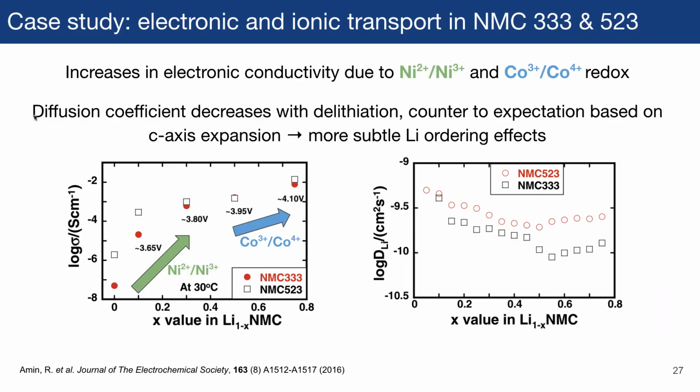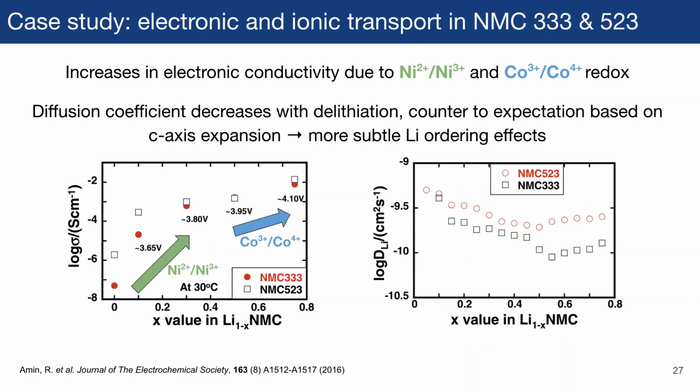On the diffusion coefficient side of things, what they see is a decrease with delithiation, which is very much counter to what they were expecting. In these cathode systems, because it's a layered compound, as you remove the lithium, the oxygen on either side of the lithium starts to see other oxygens a little bit more, and that 2 minus with 2 minus charge causes a repulsion.